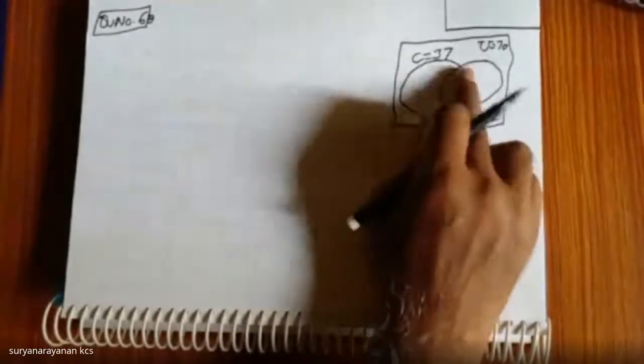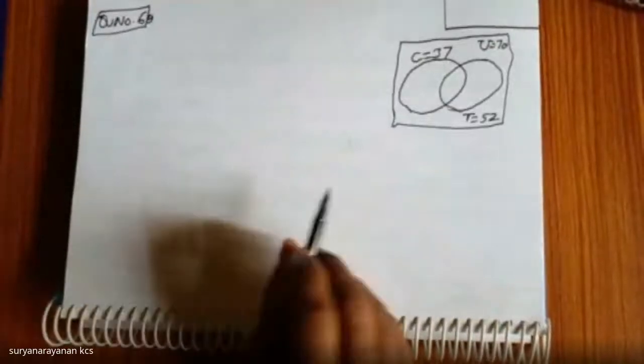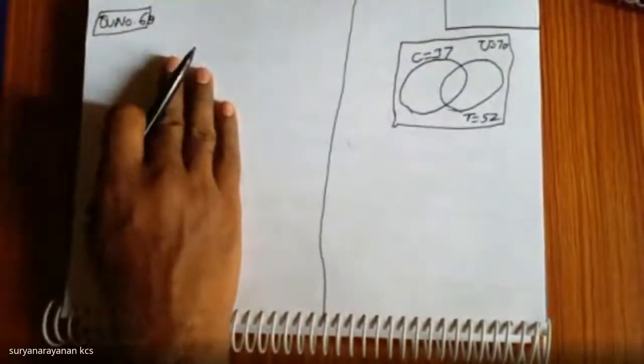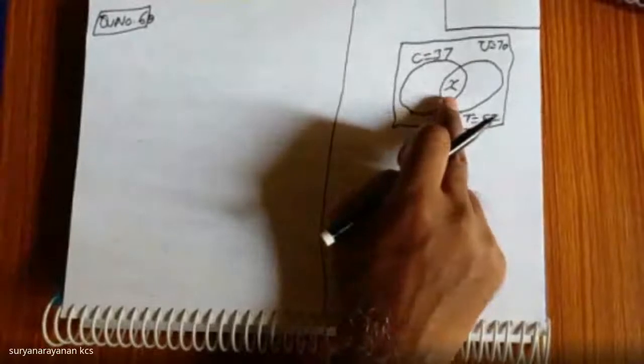Means we have to find this area. I will explain this question through the Venn diagram as well as by using the formula. Let us assume that here is X. We don't know how many people like both coffee and tea.